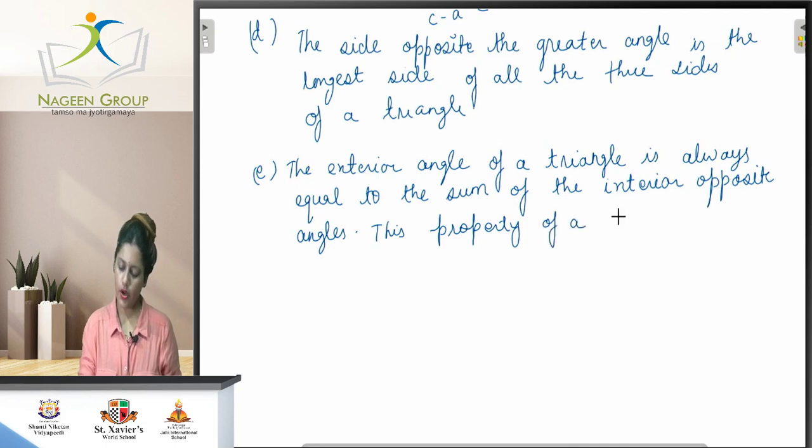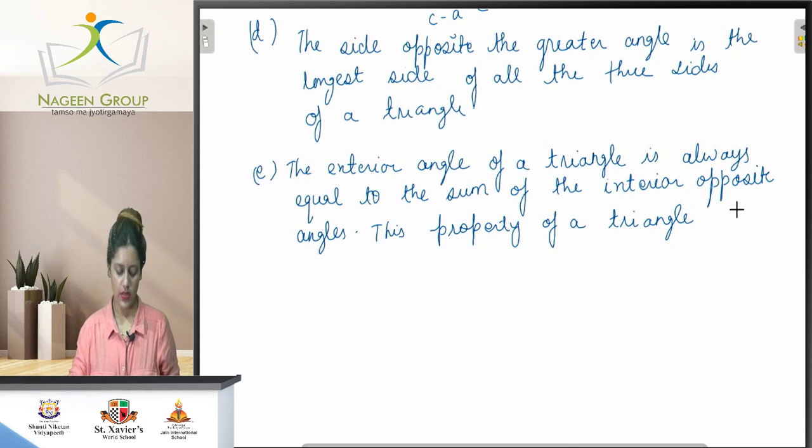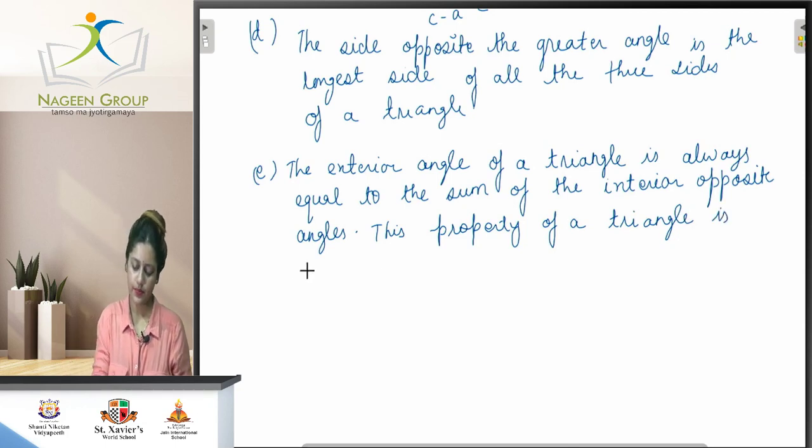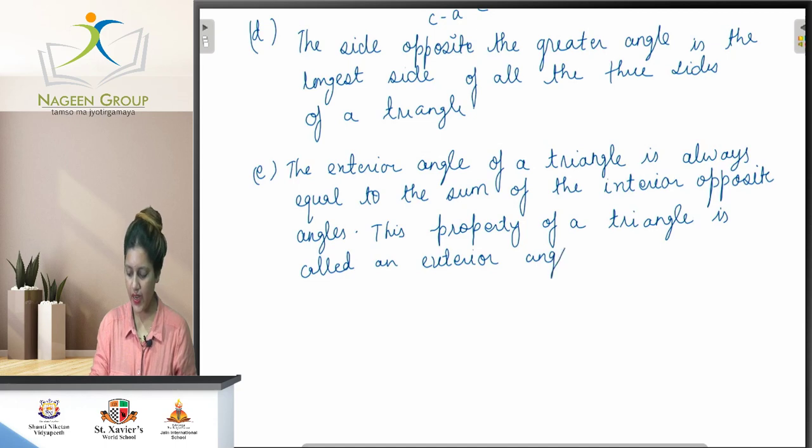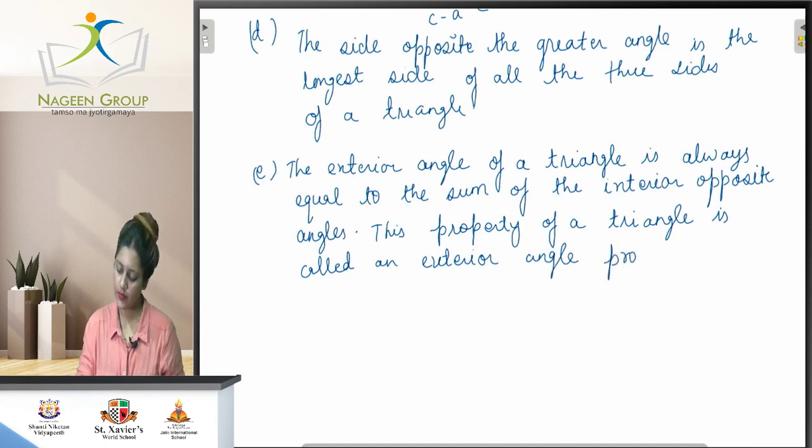This property of a triangle is called the exterior angle property.